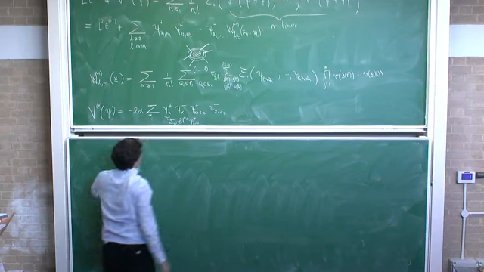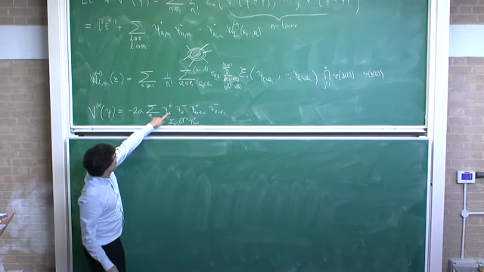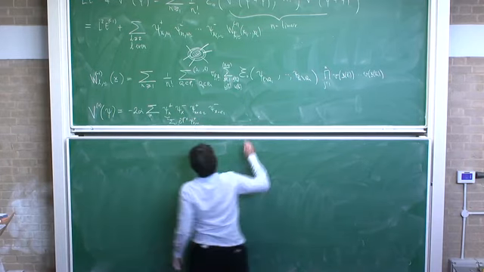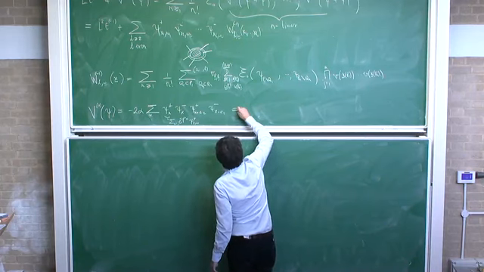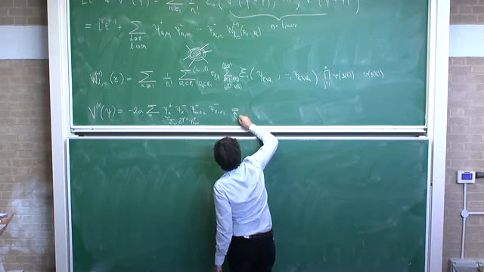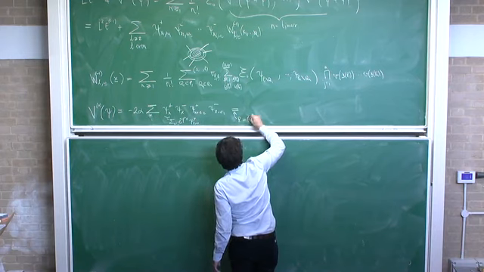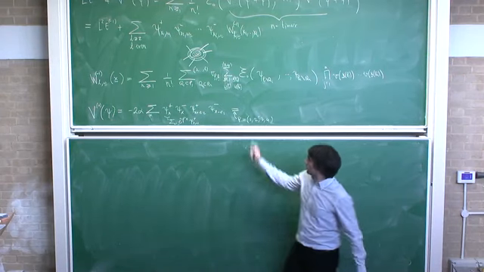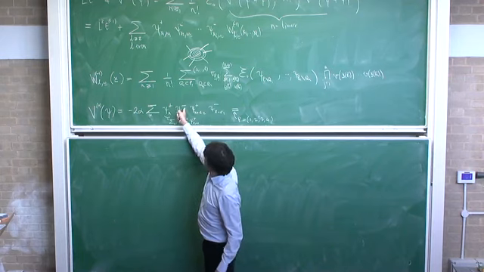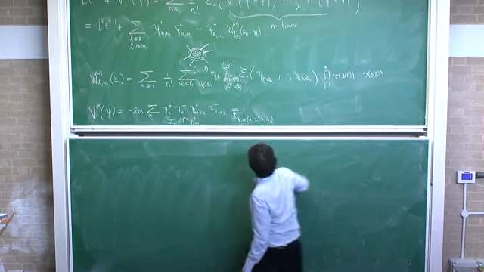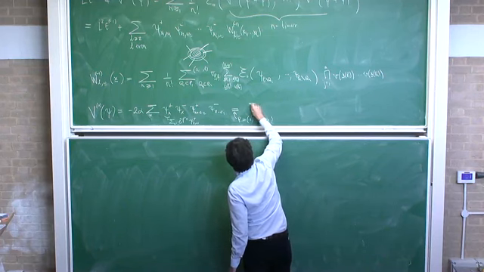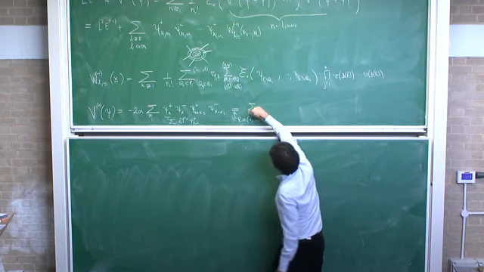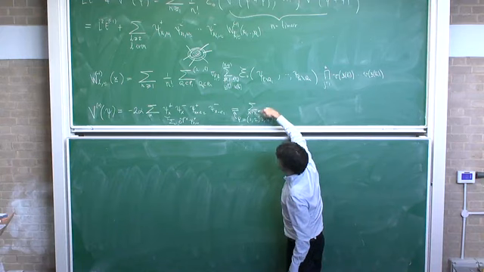This was the definition of V0. Here, each of these guys should be replaced by a sum of two guys.